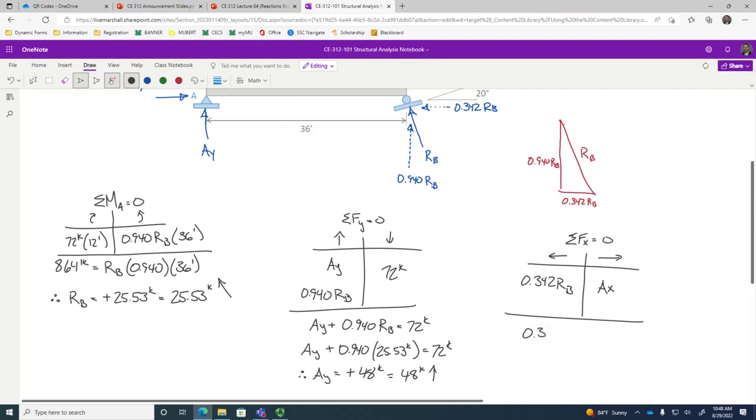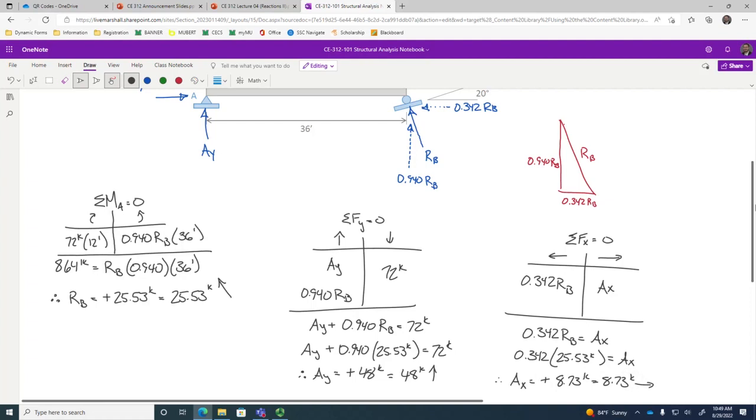So 0.342 RB is AX, 0.342 times 25.53 kips is AX. So what does AX end up being? This one's probably not going to be all that pretty. 8.73. Do I have a second on that? Yeah. So AX is 8.73 kips, acting this way.